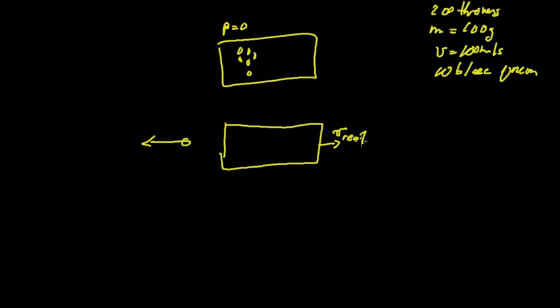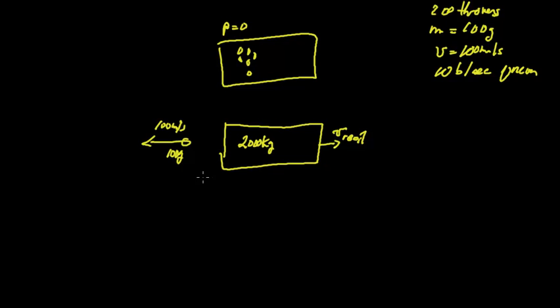This recoil speed is going to be a little smaller than the speed that I send the baseball out, because the baseball itself is only 100 grams, and the craft itself is 2,000 kilograms.